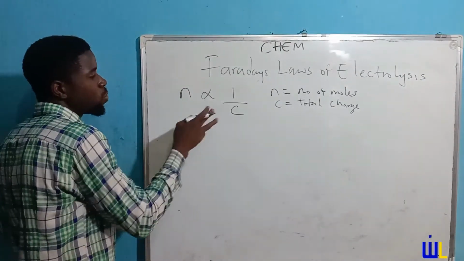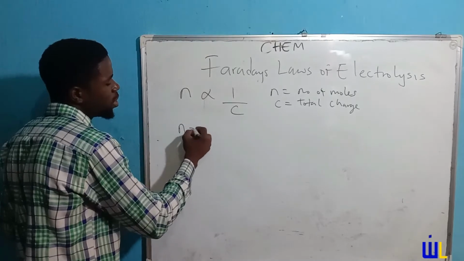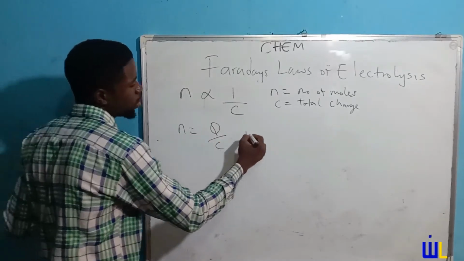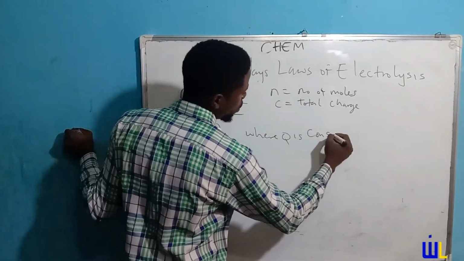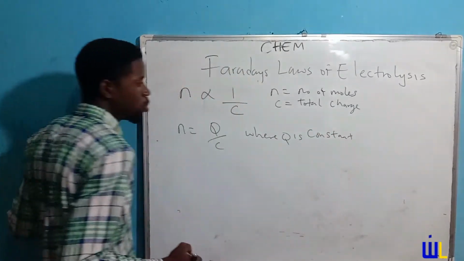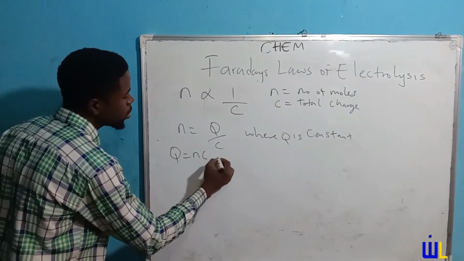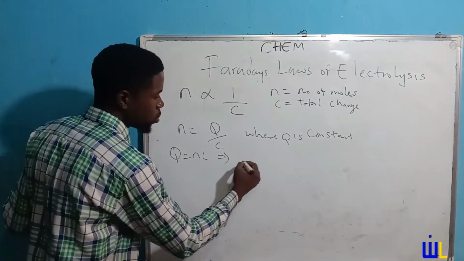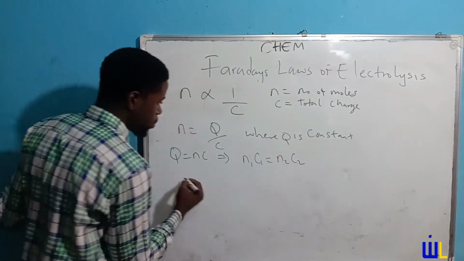Removing the proportionality sign, we have N equals Q over C, where Q is constant. And if Q is constant, Q is going to be equal to NC, which leaves us with the relation N1C1 equals N2C2.